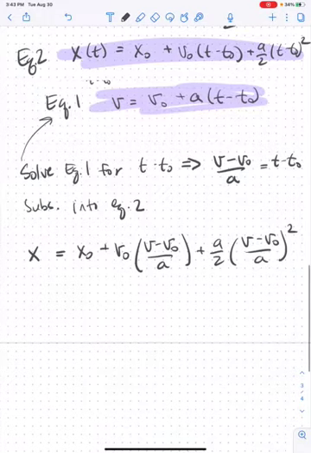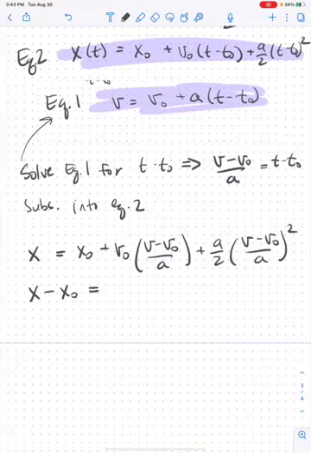Now, I can combine some terms here. So how are we going to do that? I'm going to move my x naught over to the other side, not for any particular reason other than that's the way it's often written. I'm going to pull out a factor of 1 over a because there's a 1 over a on all of the terms on the right that are left. And then I've got v naught v.